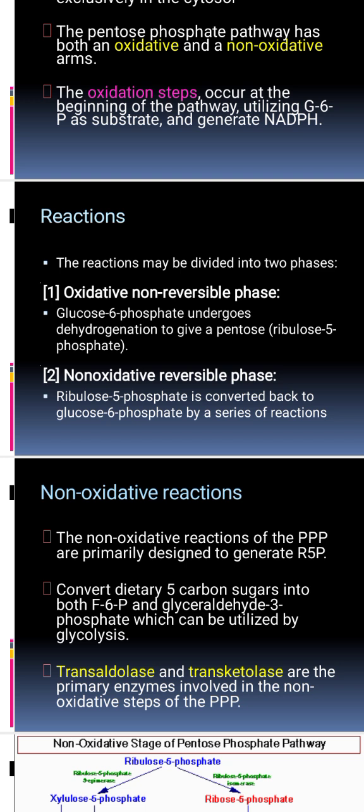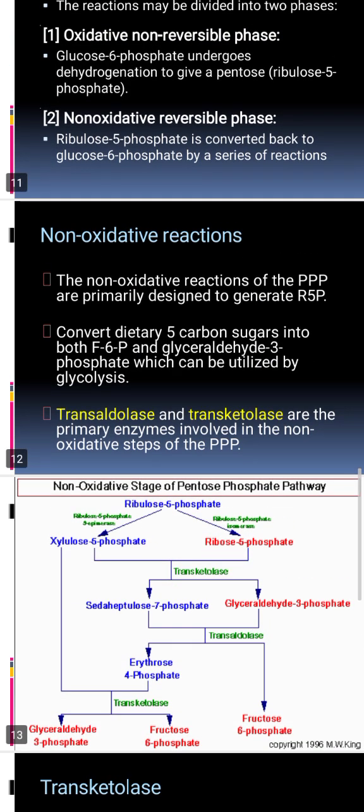The non-oxidative reversible phase will start with ribulose 5-phosphate, which is going to be converted back to glucose 6-phosphate by a series of reactions.